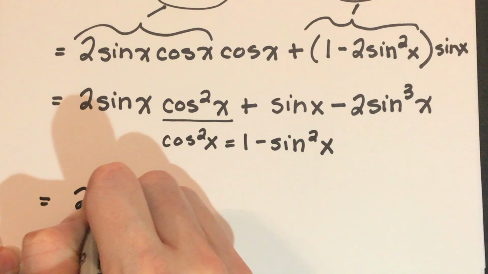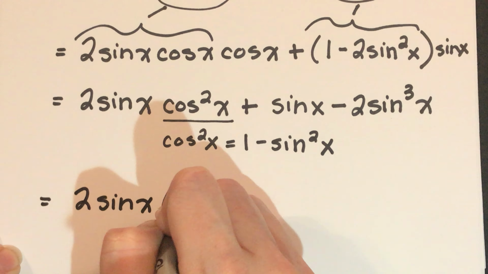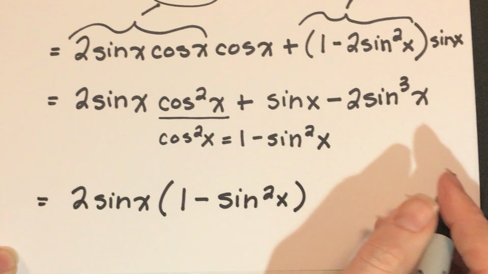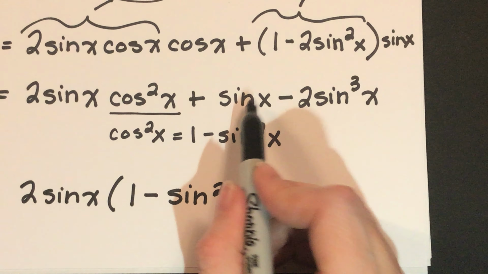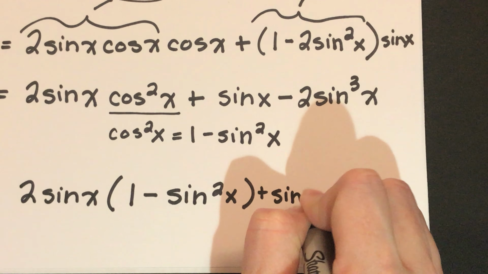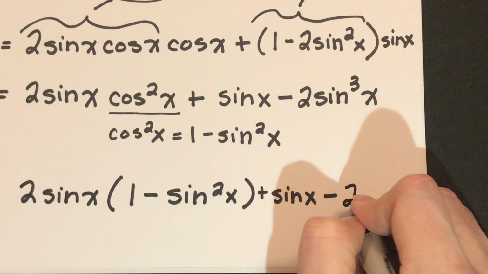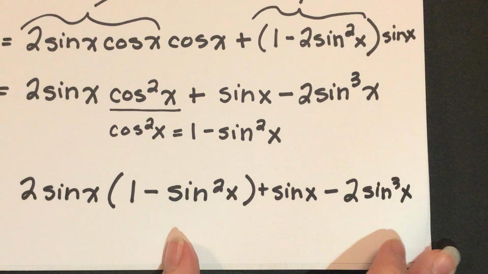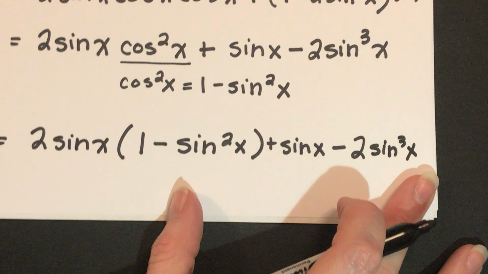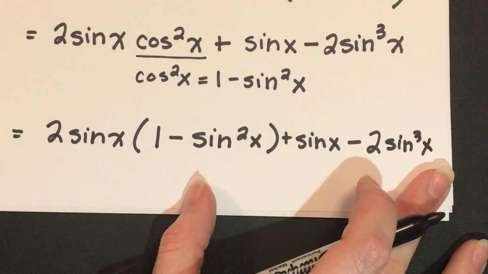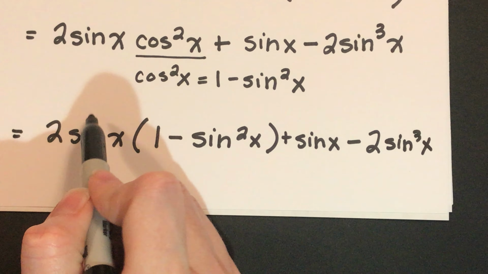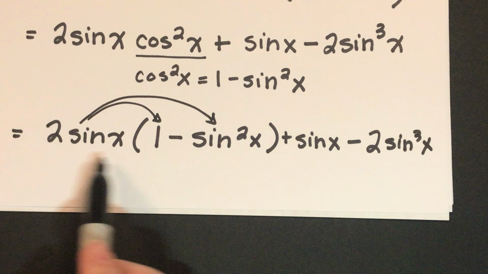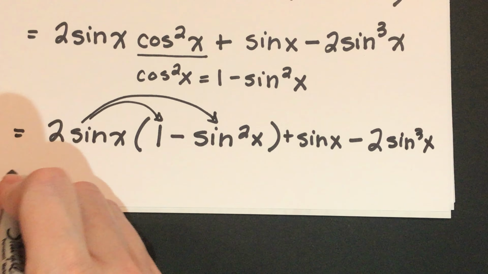So we have 2 sine x times 1 minus sine squared x plus sine x minus 2 sine x to the third. Can we see all that on there? Okay, now we're going to distribute this, multiply this by both of those. We're all in terms of sine now. That was our goal. And now we're just going to simplify this.